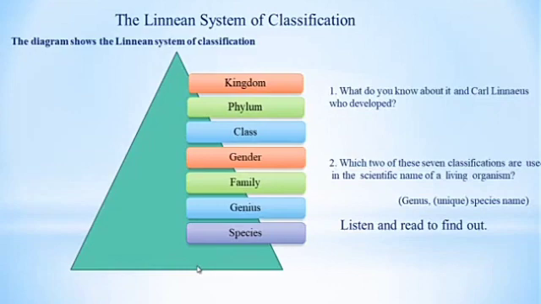Then comes phylum, class, order, family, genus, and species. There are two questions. Please give your answers to these questions after you have read the text. Question 1. What do you know about it and Carl Linnaeus, who developed it? And question 2. Which two of these 7 classifications are used in the scientific name of a living organism? I'll give you 30 seconds to find out the answers.